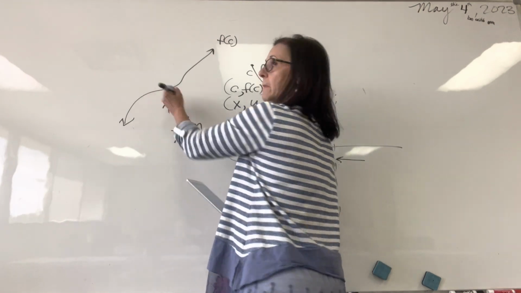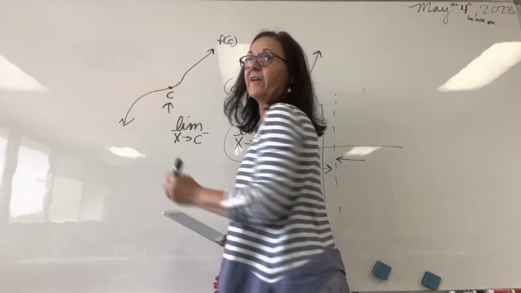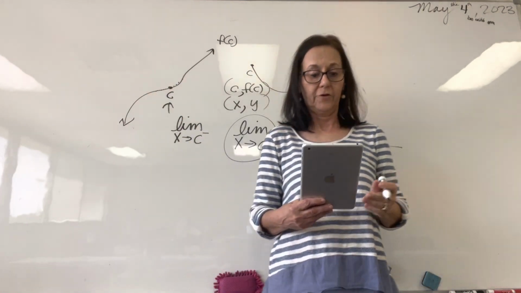So it says this one must be defined and numbers ever so close to it are defined in the graph.